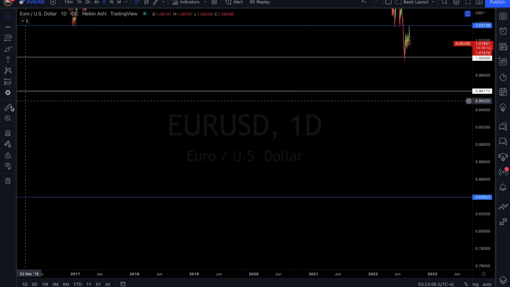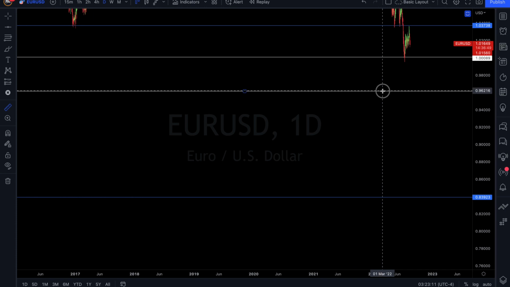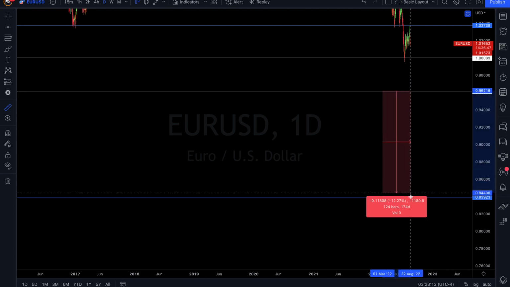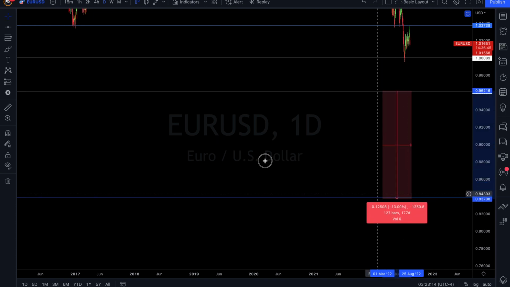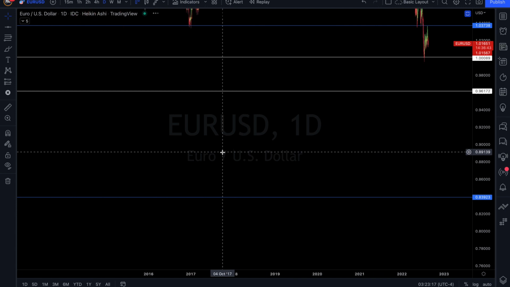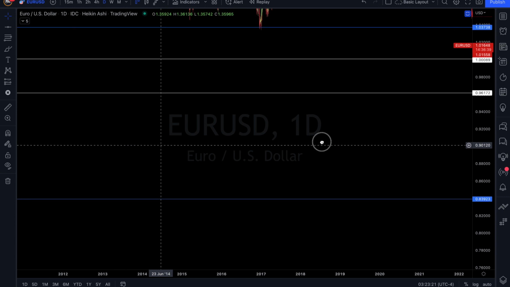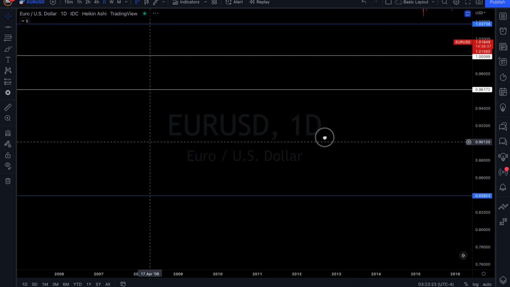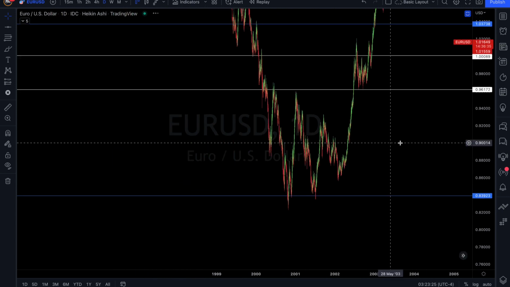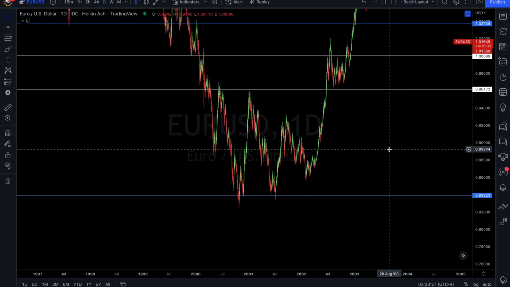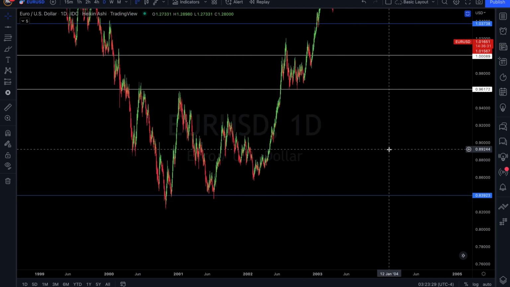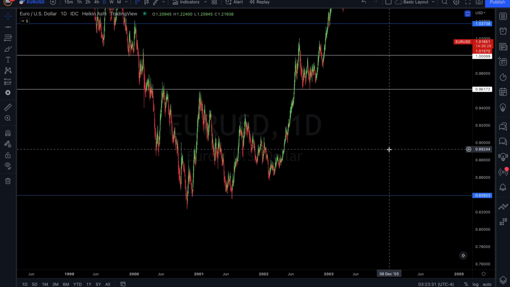Because that's a pretty big gap right here that we have. Right, it's about 1,200 pip gap. So if we could find any kind of structure to the left that could possibly help us as far as when price action will likely stop somewhere, then we can use it. Okay, so just keep that in mind.